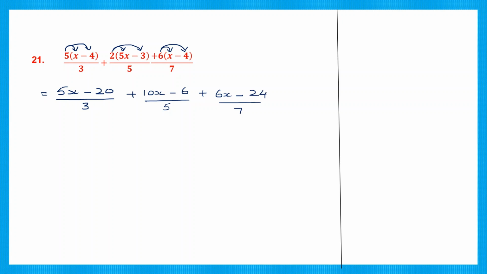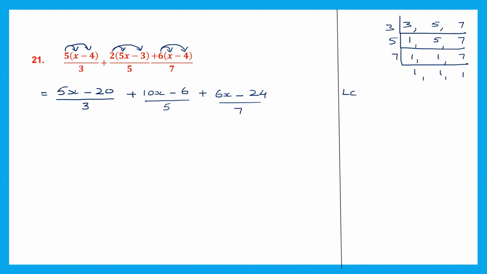Now we need to find the LCM of the denominators as they are all different. So let's find the LCM now. 3, 5 and 7. So let's begin with 3. 3 ones are 3 and then 5 and 7. Then we can go on to 5, 1, 1 and 7. Now we'll take 7. It's 1, 1 and 1.